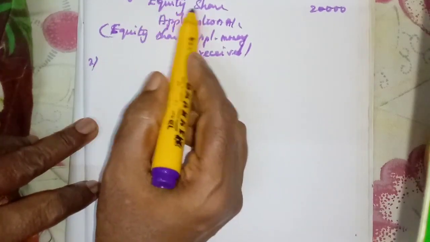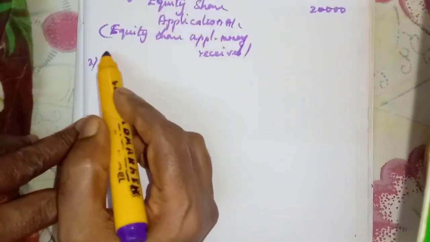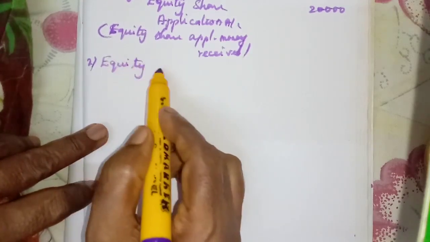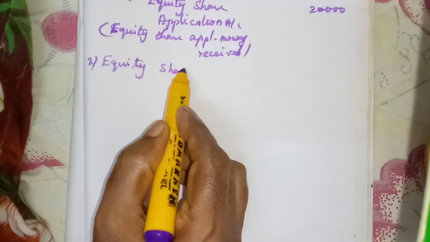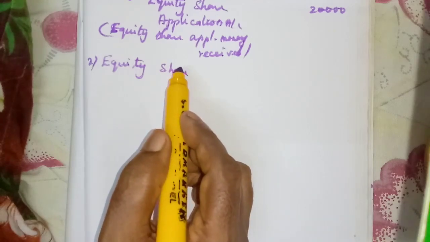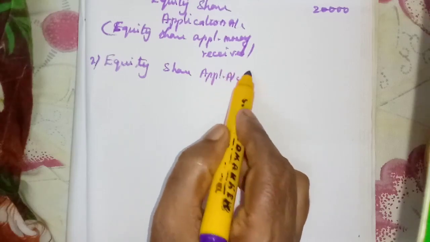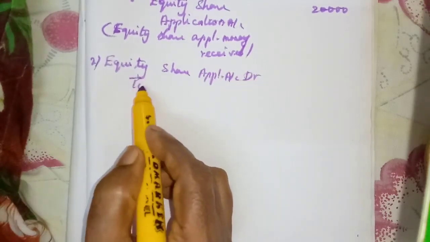Equity share application credited, we need to debit: equity share application account debtor to share capital.